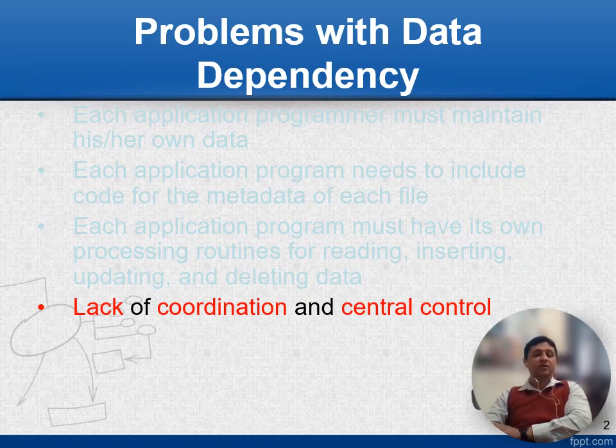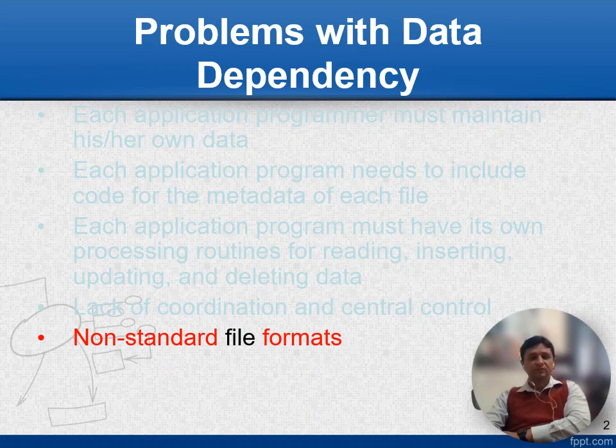Secondly, there was a problem of non-standard file formats, because everybody was defining their own file formats and using them. There was no standard file format, so everybody had to define their own non-standard file formats.